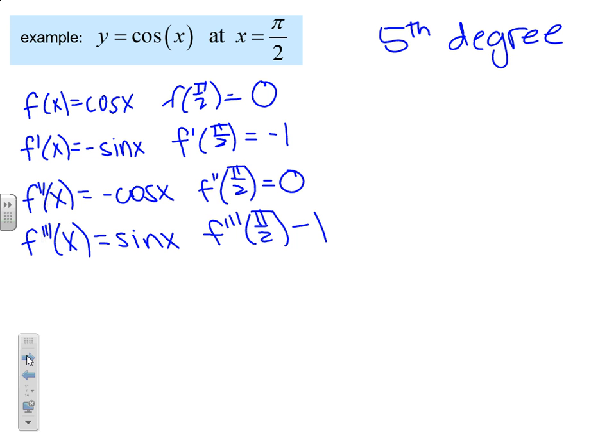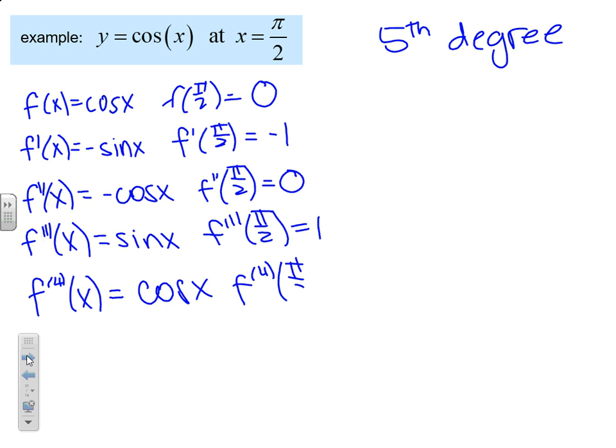Aren't you glad you don't have to write 4 and 5 tick marks for these next derivatives? Fourth derivative, cosine of x evaluated gives us 0.